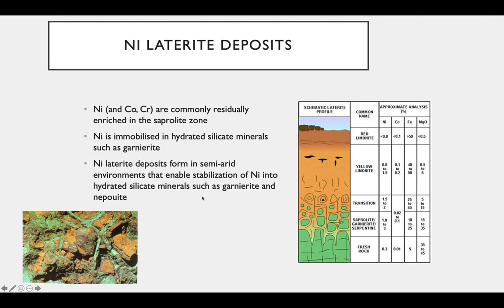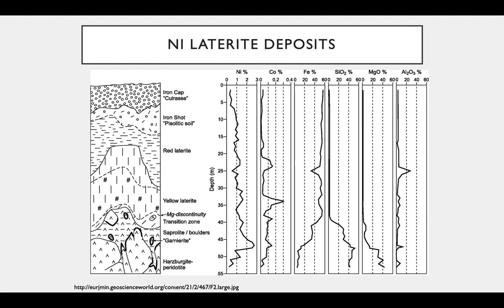These are various hydrated silicates, could be clays, can be serpentinite, can be talc, and it's enriched in this saprolite zone. So that's where it's more important for nickel versus aluminium.